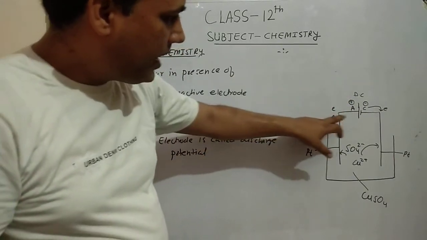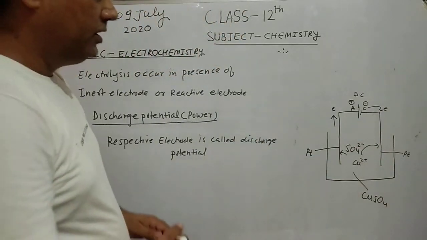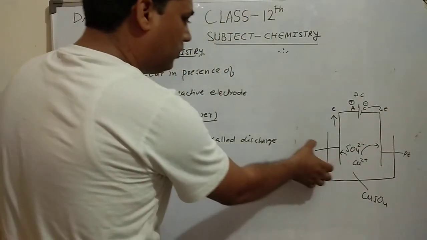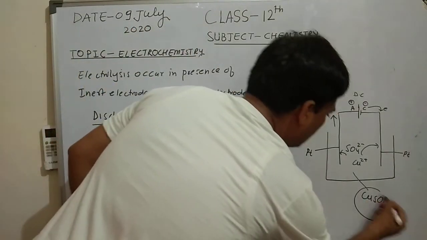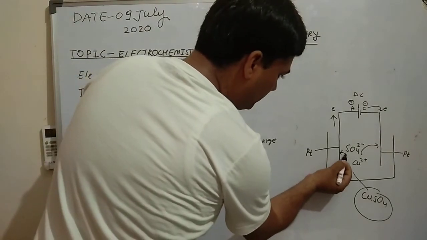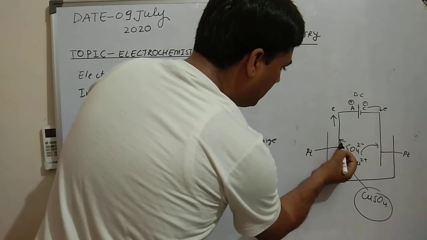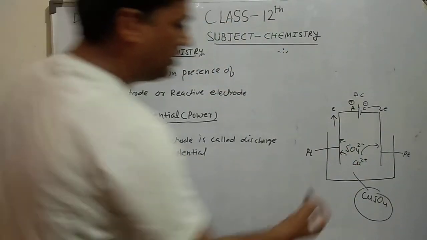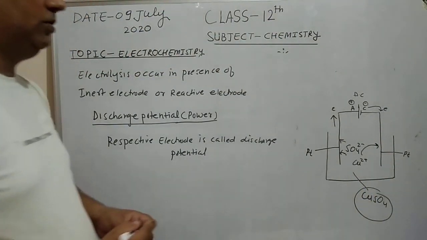At the anode oxidation occurs, at the cathode reduction occurs. Here the electrode is platinum, which is an inert electrode, and the electrolytic solution is copper sulfate solution. At this electrode SO4 ions are oxidized, and at this electrode Cu2+ ion is reduced.